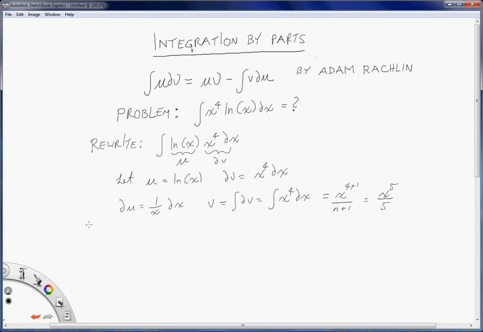Now we're going to substitute what we know into our form of the integration. So I'm going to rewrite it here: the integration of the natural log of x times x to the fourth dx equals u, the natural log of x, times v. We know what v is, that's x to the fifth over 5, from here.